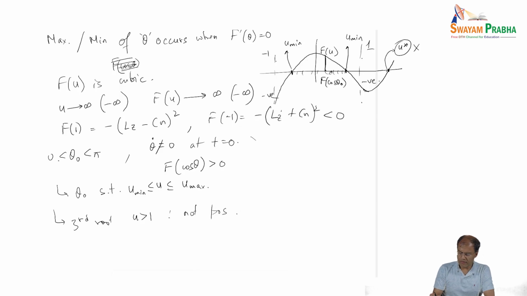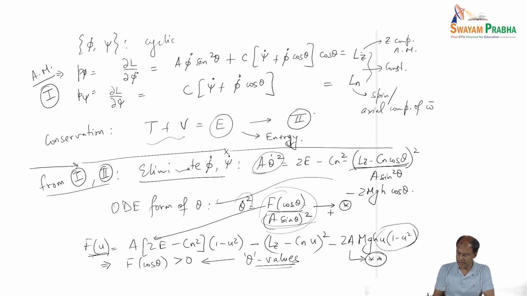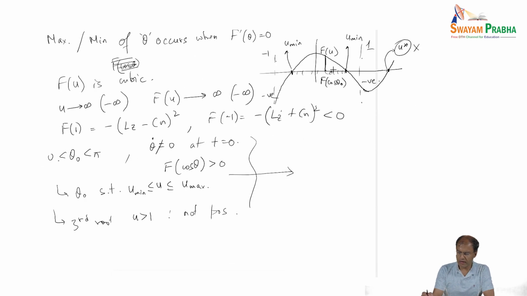So what is the conclusion out of this whole exercise? If we were to solve the theta equation given by star, we are going to see that the solution is going to oscillate between u theta min and u theta max, because it is a trigonometric function. The solution will be periodic.